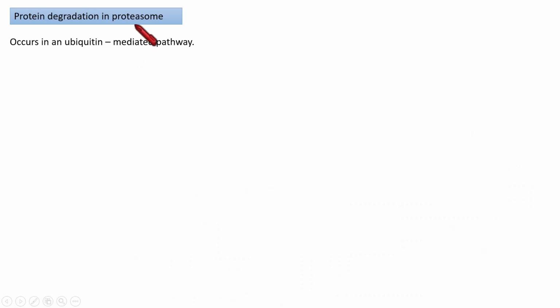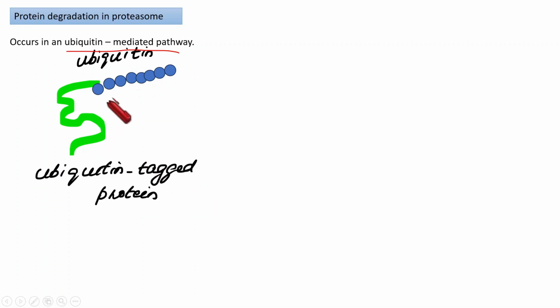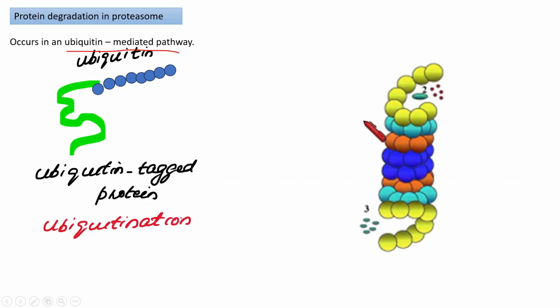So let's see how the proteasome degrades the unwanted proteins. It is an ubiquitin mediated pathway. Ubiquitin is a protein, and this is an unwanted polypeptide chain, or protein. To one of its ends, so many ubiquitin molecules are added. Then we can call this protein a ubiquitin tagged protein, and that process is called ubiquitination. Then there is our proteasome machine.